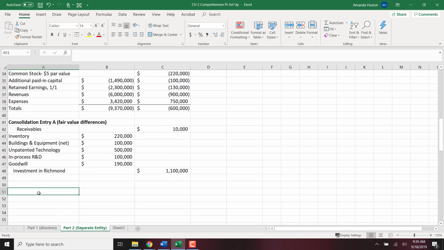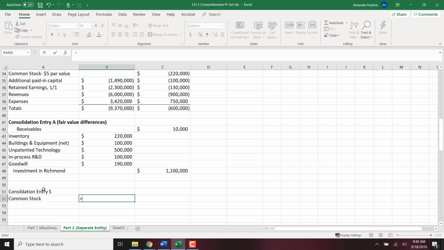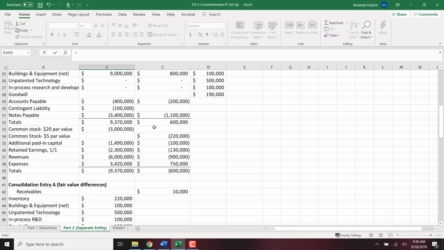Now we're going to make consolidation entry S. So we need to eliminate the common stock of our subsidiary because technically it doesn't exist because we own all of Richmond. They're just keeping the stock on their books, but when we consolidate, they won't have any common stock value.